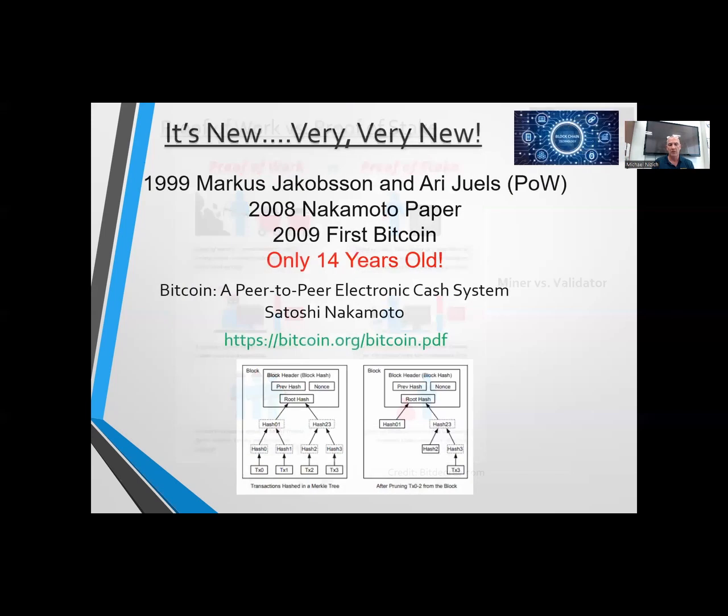Just to make it generic for our student population, the history of this is all pretty new. We have an initial paper in 1999 by Jacobson and Jules, but really the Nakamoto paper of 2008 is what everyone attributes the modern design of blockchain technology to.